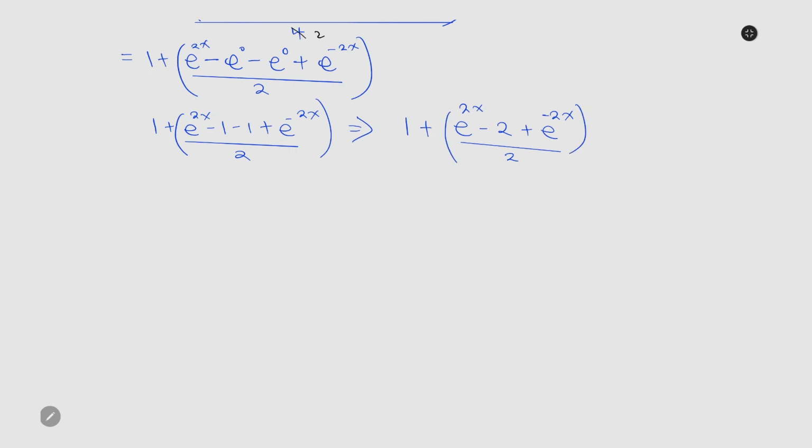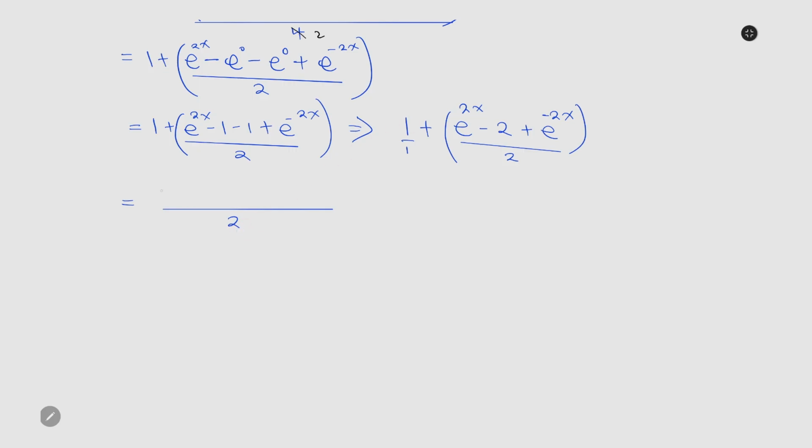So how do I proceed from here? I can find the LCM. If I find the LCM, my LCM is going to be 2. So 1 goes into 2, 2 times 1, 2.